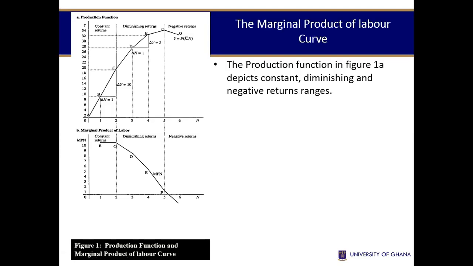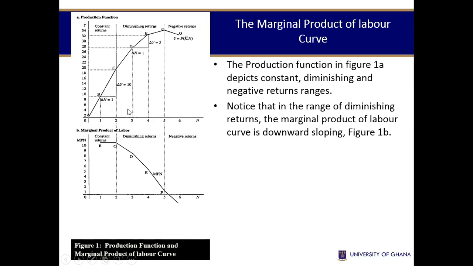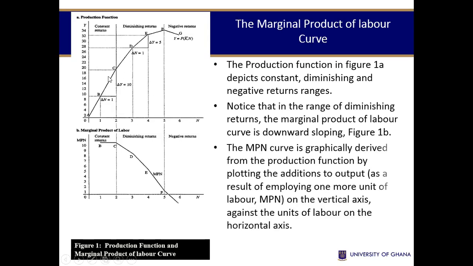So this is what I was talking about, just trying to explain the diagram here. What you have to know is that we get the marginal product of labor curve from the production function. We do this by getting the additions to output whenever there's a unit change in the units of labor hired.